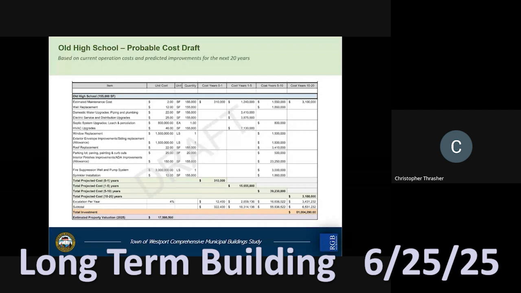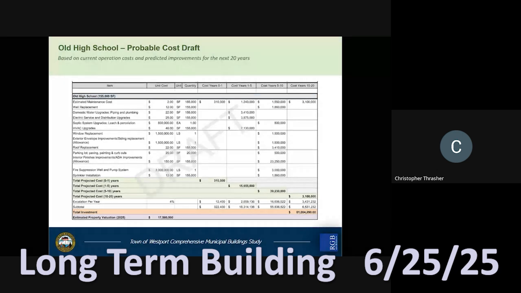But ultimately, what I envision is this committee making a recommendation to the select board to bring a question to, I'm thinking more and more, a special town meeting as the appropriate venue.